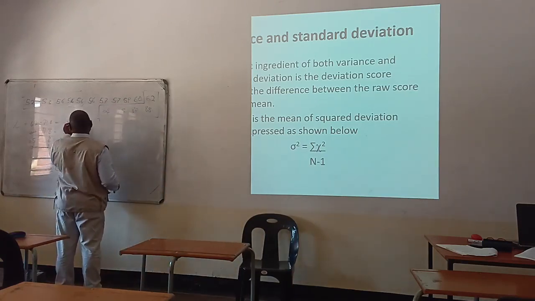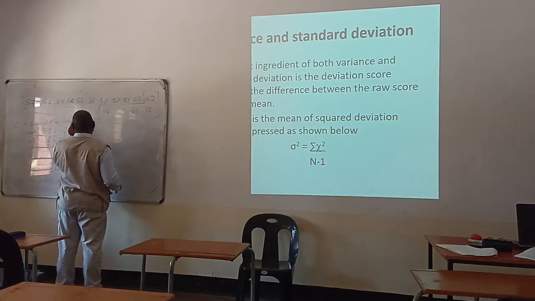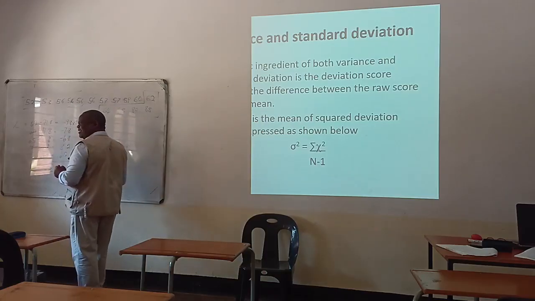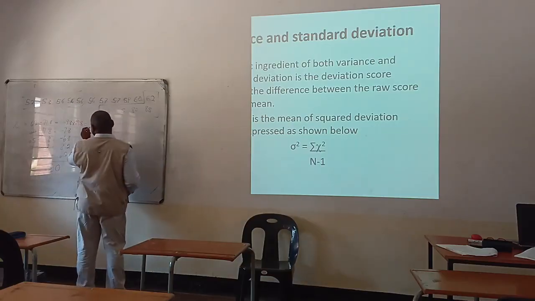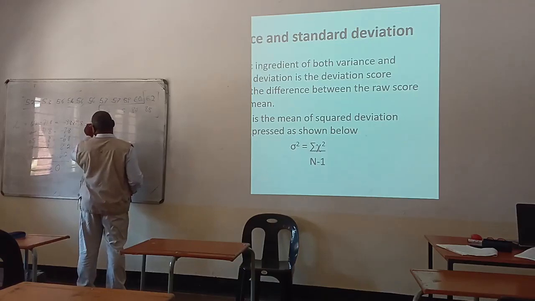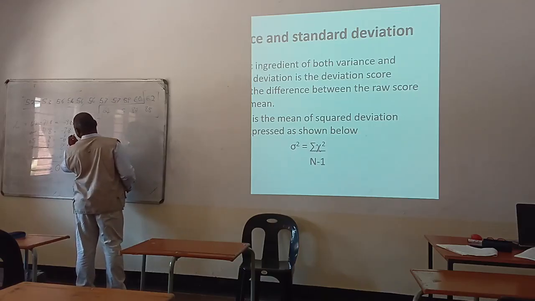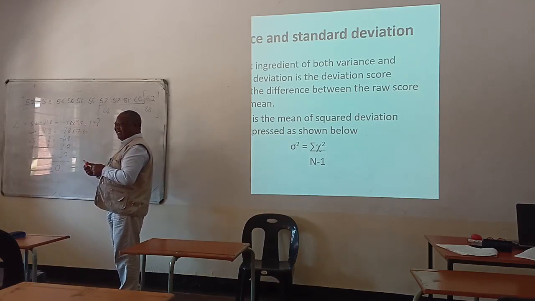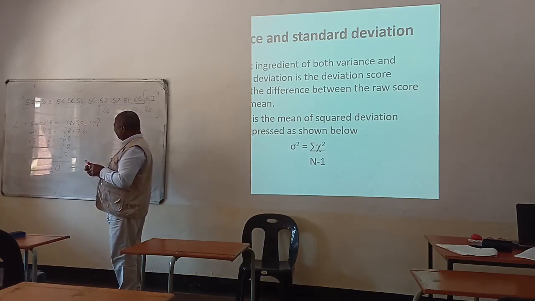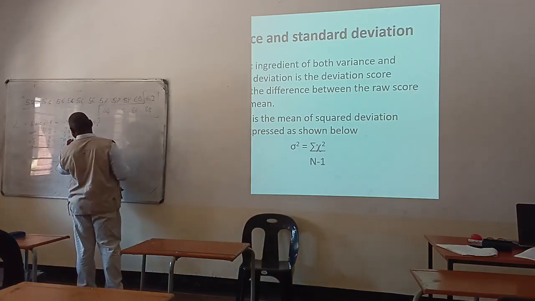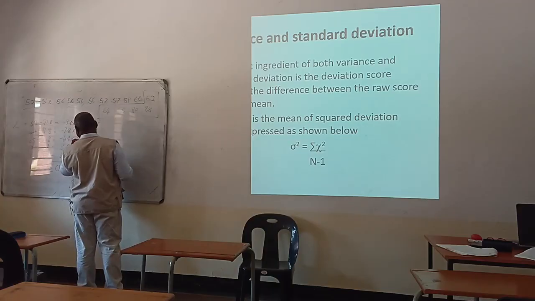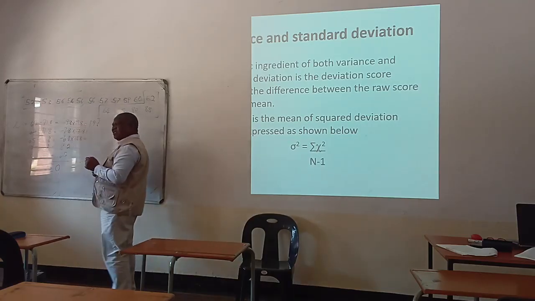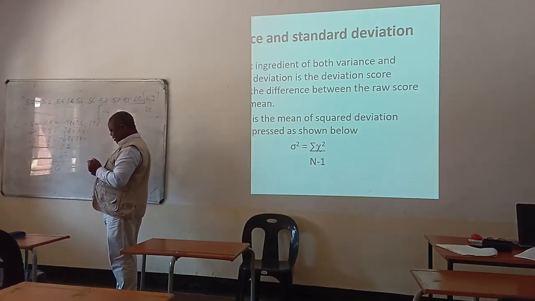Minus 9.8 times minus 9.8 equals 96.04. Minus 7.8 times minus 7.8 equals, you need to do it right.